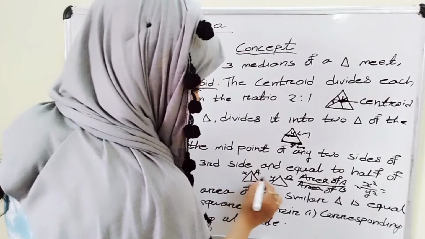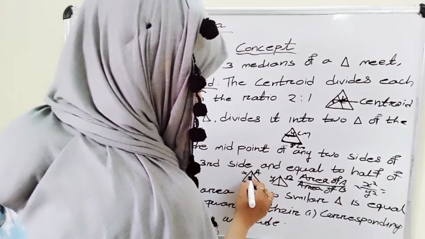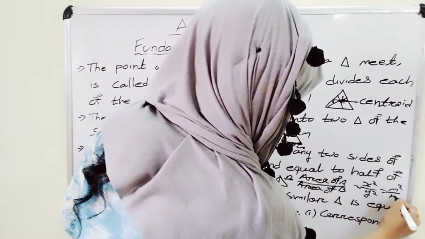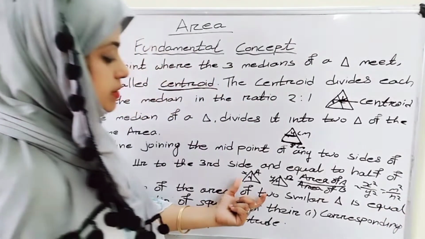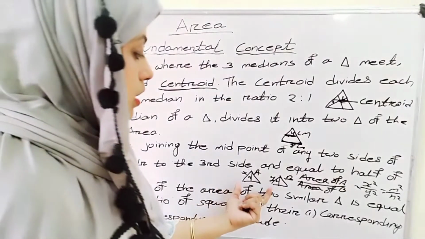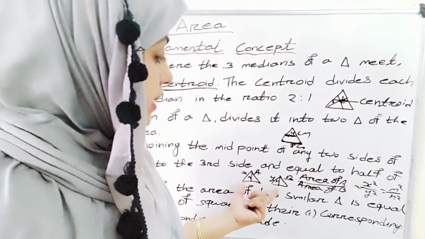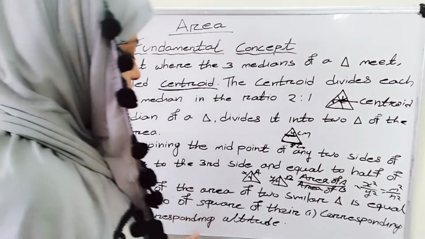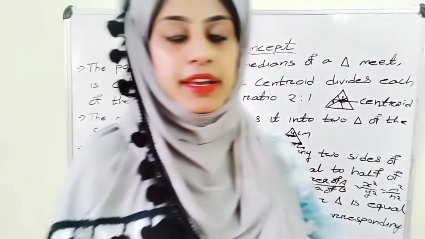Suppose this altitude is m and this is n, then it also equals m square by n square. If the areas of two similar triangles are given, you can find the corresponding side, corresponding altitude, and corresponding area.